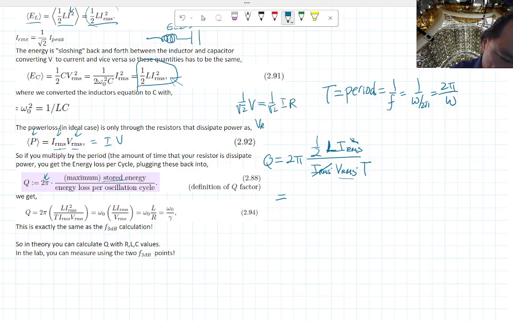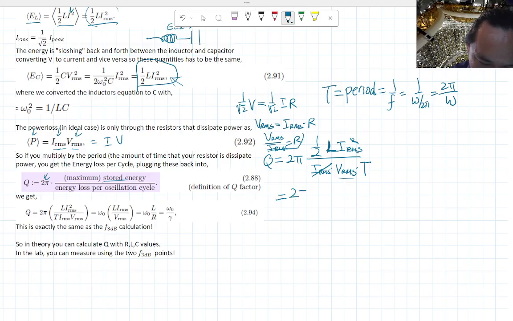So this becomes V RMS equals I RMS times R. So I RMS divided by V RMS, I'm just going to solve this for R. So this whole thing actually ends up with a resistor on the bottom here.